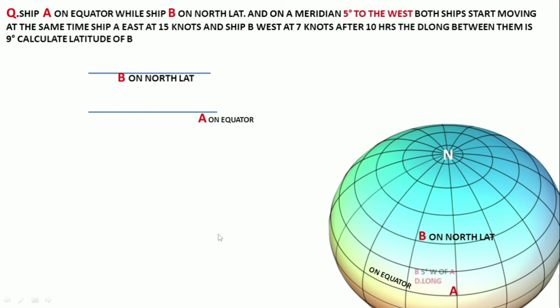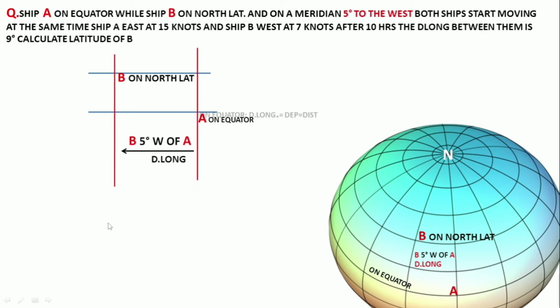Being 5 degrees to the west means that is the D long between A and B. It says both the ships start moving at the same time. And A is moving at the speed of 15 knots. Now along the equator, whatever distance she is going to do, that is your departure as well as your D long as well as your distance.